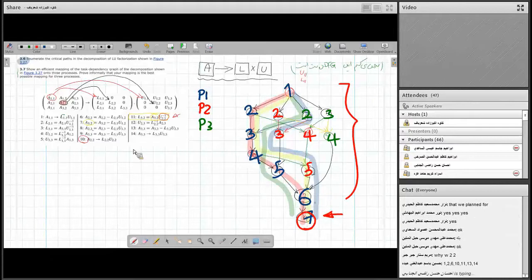We have 4 paths. That was 3.6. We have 4 paths. This, and this.